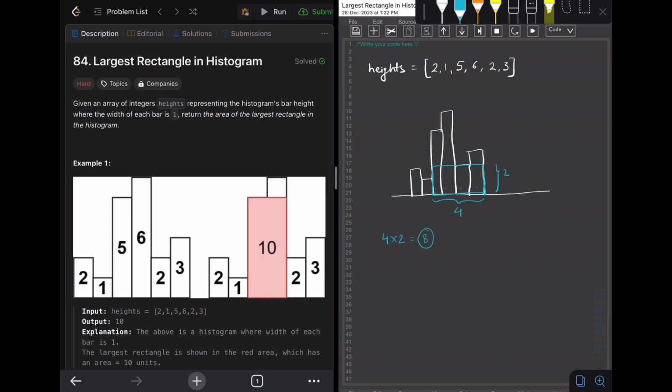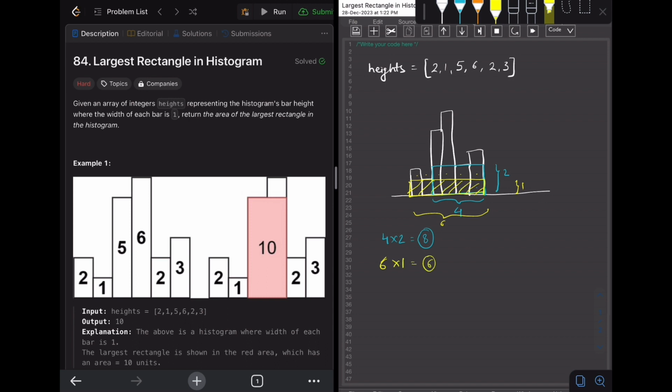So the area is 4 times 2 equals 8. Let's put a pin in this. Let's look for other rectangles. And the rectangle, this small one here. What's the width? 1, 2, 3, 4, 5, 6. Okay. And the height is going to be 1. Area is 6 times 1, 6.